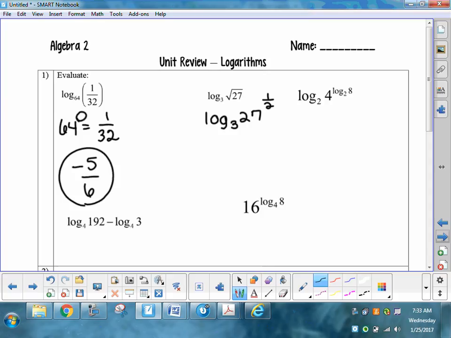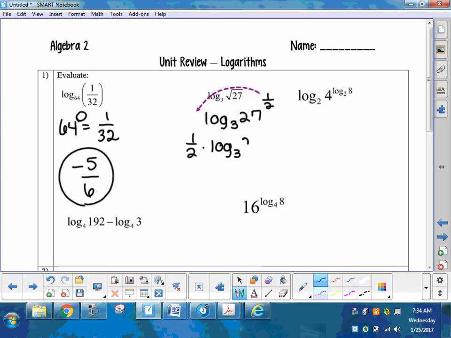Now, let's simplify this down. What can I do with that exponent if I'm looking to evaluate this all the way? What's something that you can do on this? We move the exponent to the front. So now that gets me to 1/2 times log base 3 of 27.